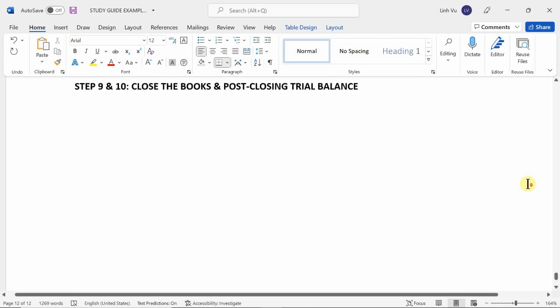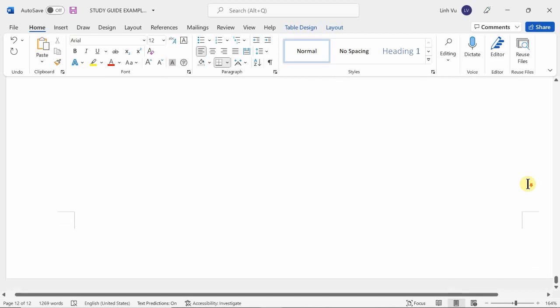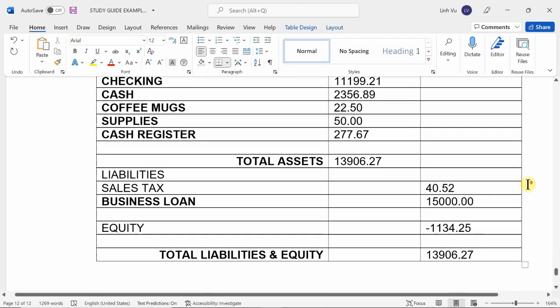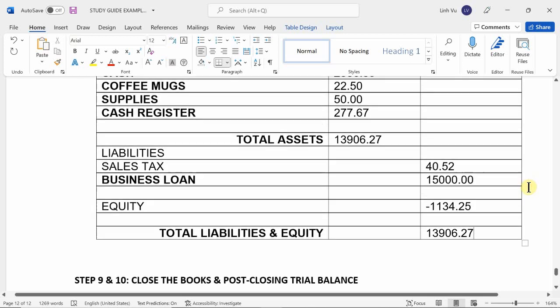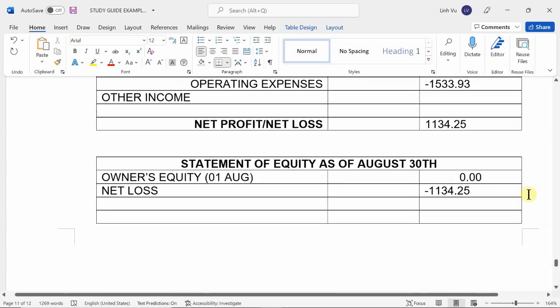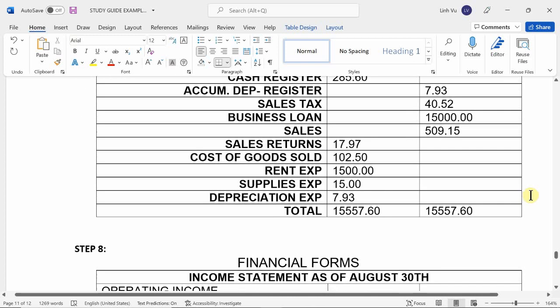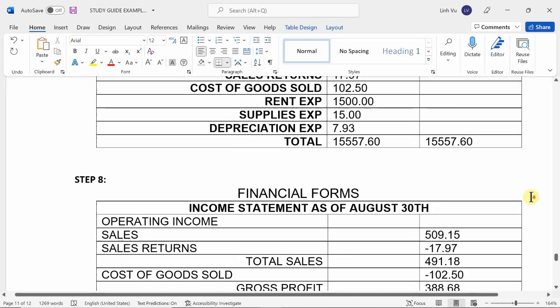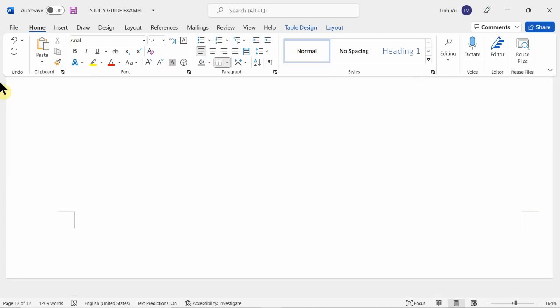And then last but not least, you need to close your books and then do the post-closing trial balance. In this case, I left it blank because this is something you can do on your own. All you have to do is zero out all of your expenses and all of your revenues and deposit them into the income summary. We do have some time to do it, but it's already 11 o'clock.